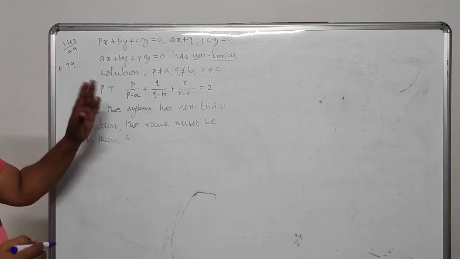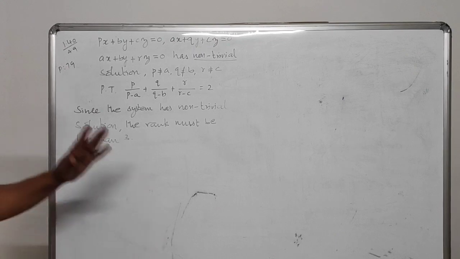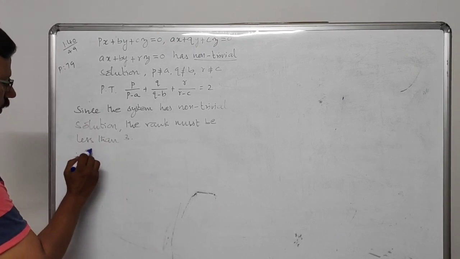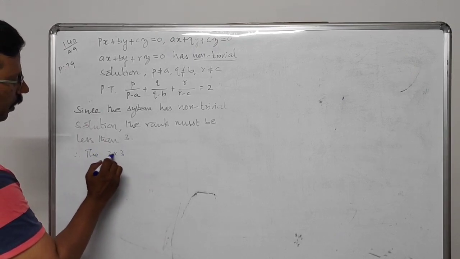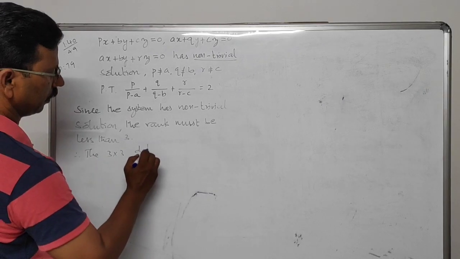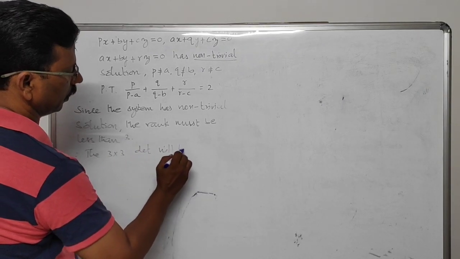Less than 3 means definitely the third order determinant will be equal to 0. Therefore, the 3 by 3 determinant will be 0.